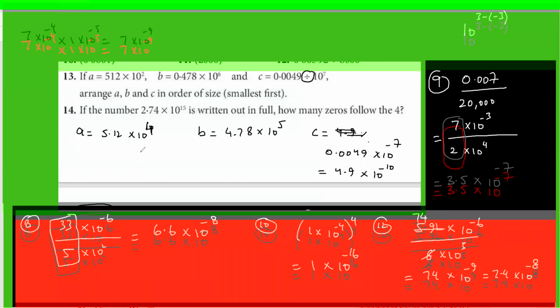Because if you multiply, look at this. It is 2.74 times 10 raised to power 15. So if I make it 274, then there is 10 raised to power 13. If I increase this number, this power should go down. So this is 274 times 10 raised to power 13. So there are going to be 13 zeros.